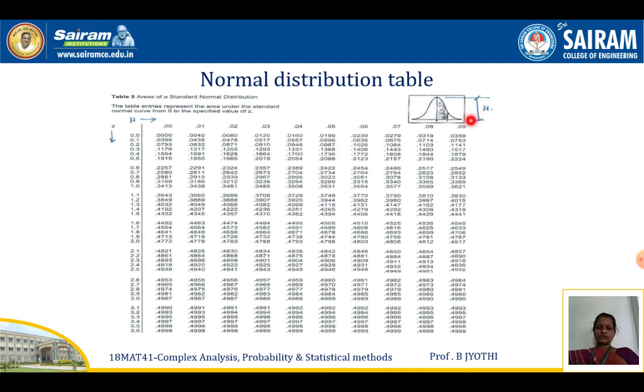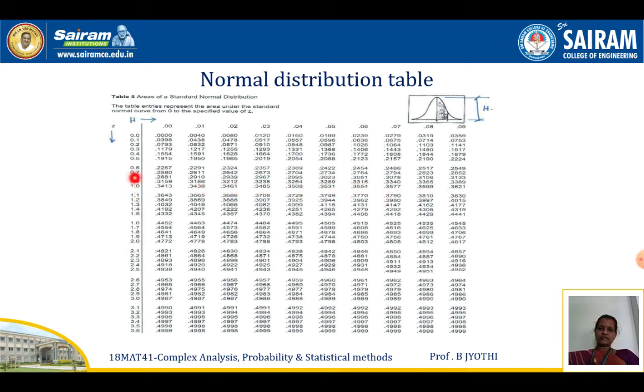The total from here to here is 1. So when we refer to any of the points, say for example, if you take this point as z1, we can refer to the table, say for example z as 0.1, 1.5 or 1, you can refer to the values over here. These are all the values we can consider.